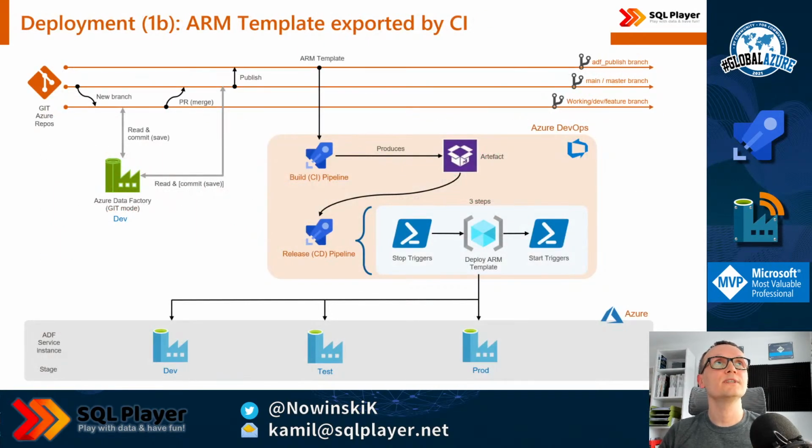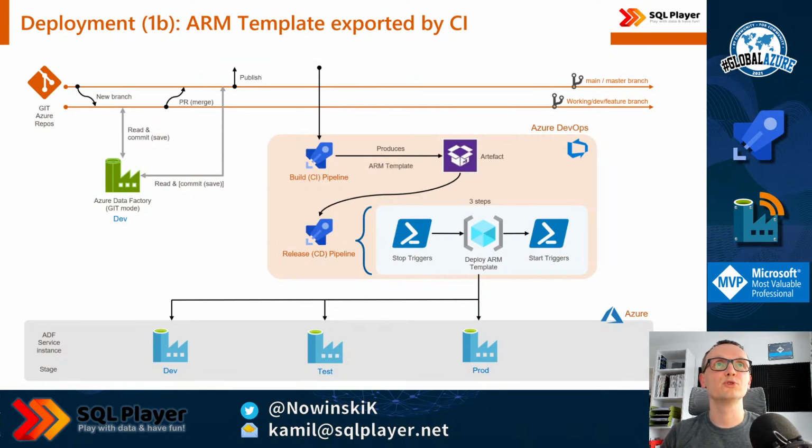So how does this ARM template deployment work? Very quickly, this is how it looked previously. We don't need the ADF publish branch, okay? ARM templates will be produced in the build pipeline because we want to automate it. And our source code comes from the master branch.